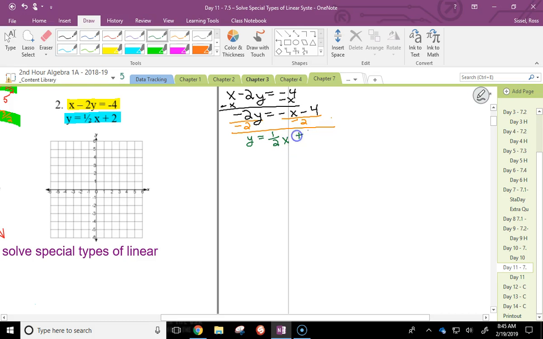Plus 2. Negative 4 divided by negative 2 is a positive 2. So on this one, my slope is 1/2. Y-intercept is 2. We graph that. There's my y-intercept. Up 1 over 2. Up 1 over 2. Up 1 over 2.